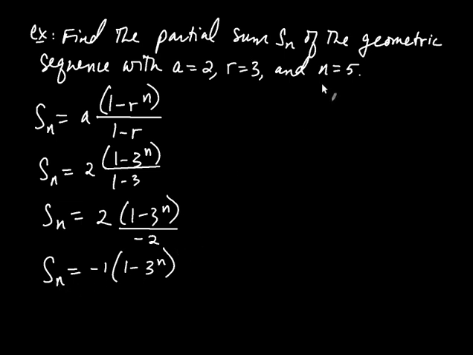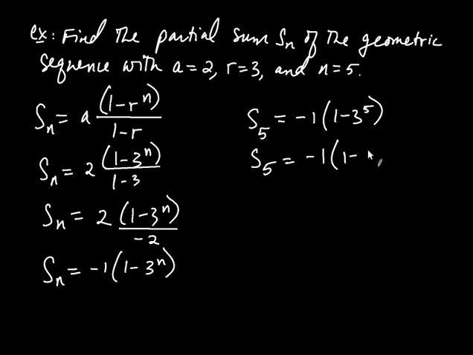And then if I plug in 5, specifically the fifth partial sum is equal to negative 1 multiplied by 1 minus 3 to the fifth. So S sub 5 is negative 1 multiplied by 1 take away 243. So S sub 5 is equal to negative 1 times negative 242. So the fifth partial sum is 242.